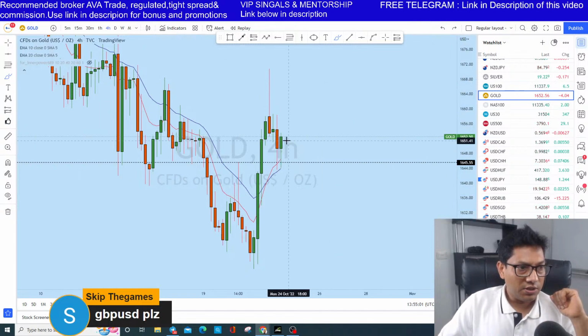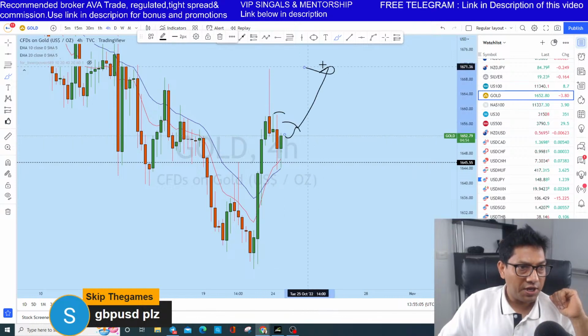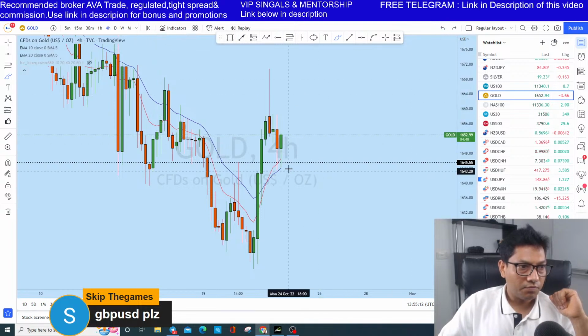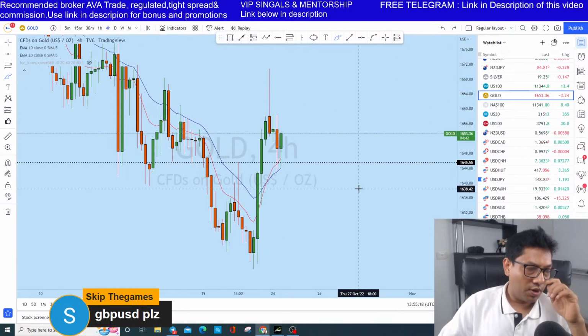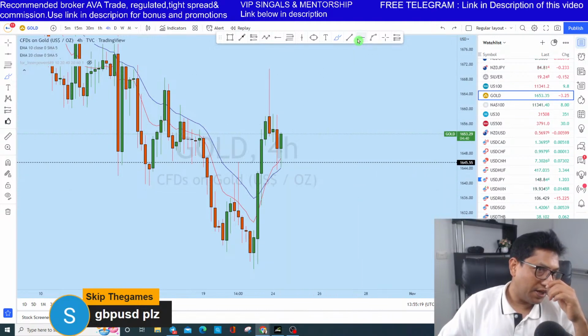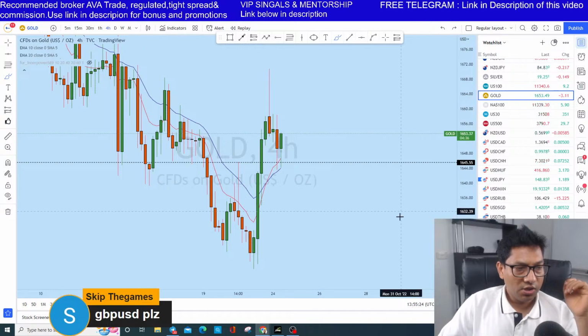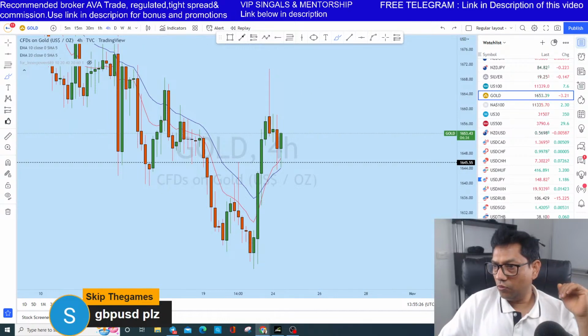Let's say if this one is closing below this low, it is still not a bullish candle because it's long-term bearish, so we can't just go long from here. We need to see some movement to the downside because there is already a strong rejection from the top also. So it could be that the price again goes here, creating a lower high. So for gold, we will look at what happens.